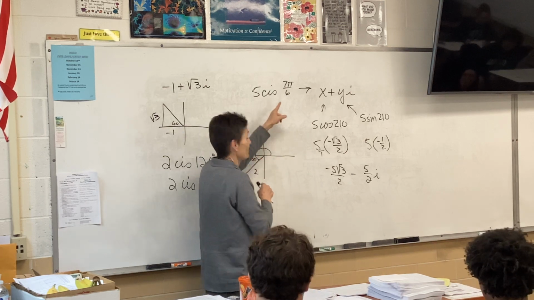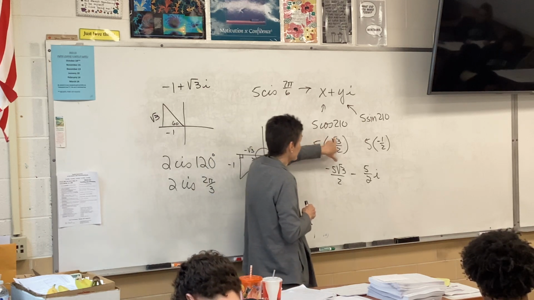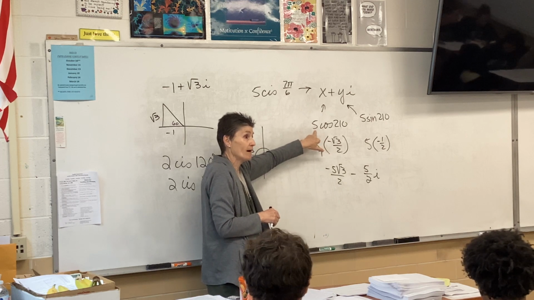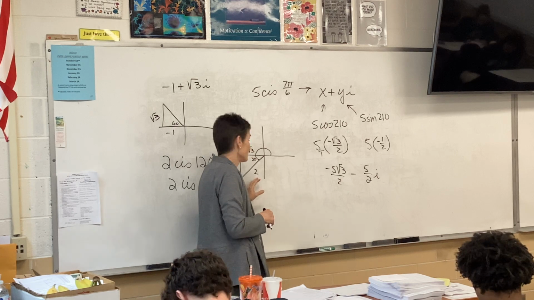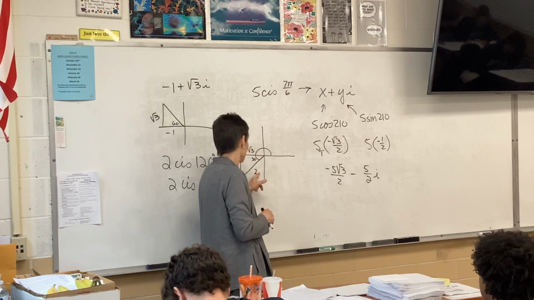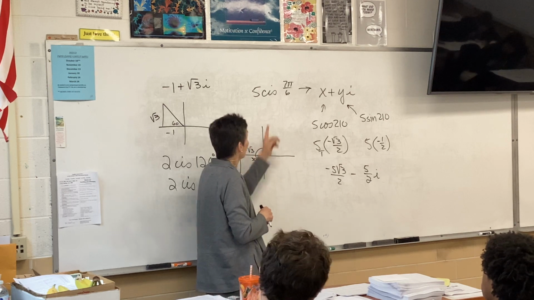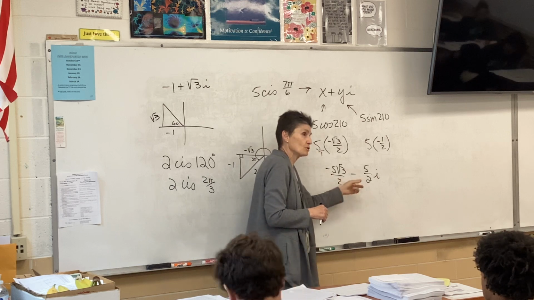This is not a picture of that number. This is a picture of that angle. So it's giving me the cosine and sine, which then I have to multiply by 5. If you want to blow this up and multiply by 5, then you'll have an actual picture of that number. But I don't need to do that, I can just do this.